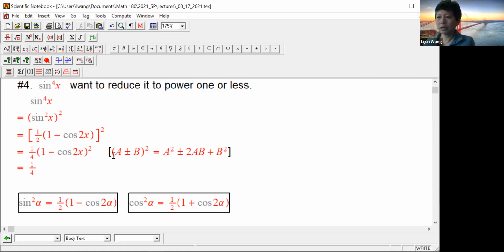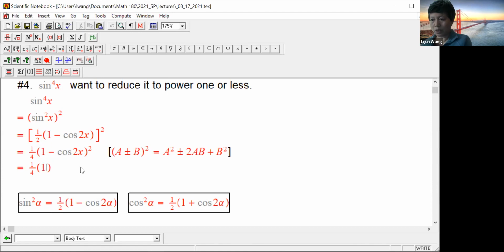So we're going to apply one of these formulas to that. And what are we getting? A is 1. B is cosine 2x. A is 1. B is cosine 2x.